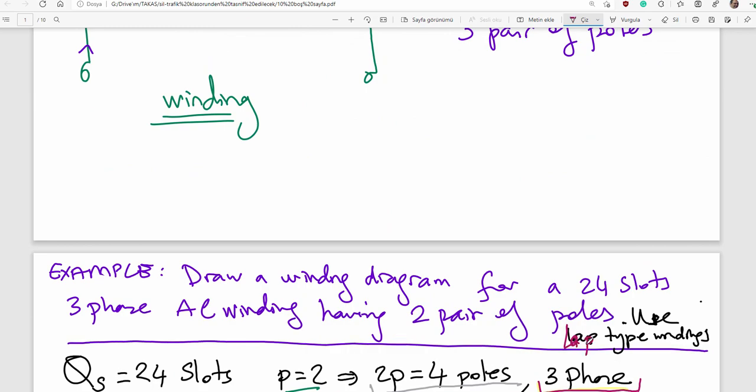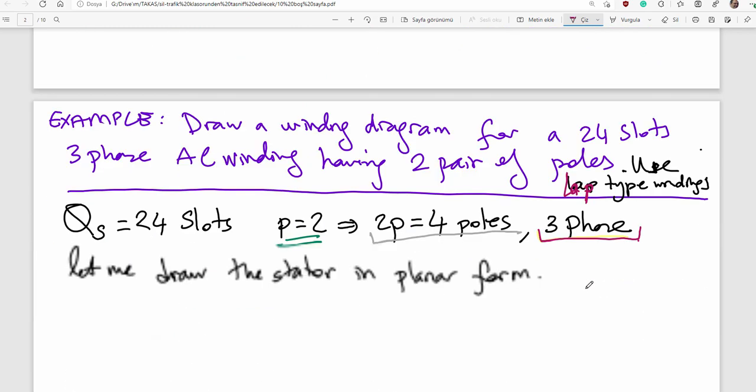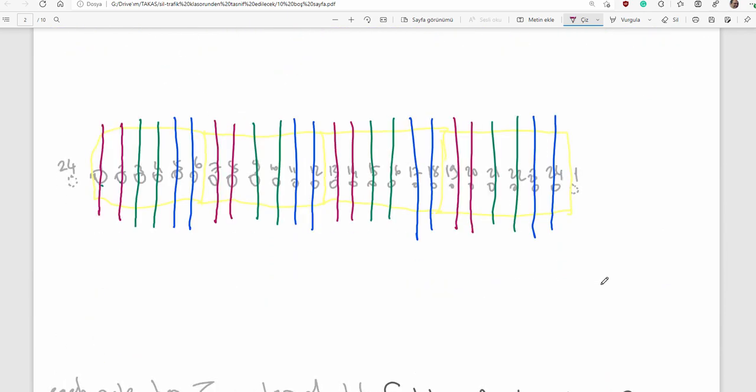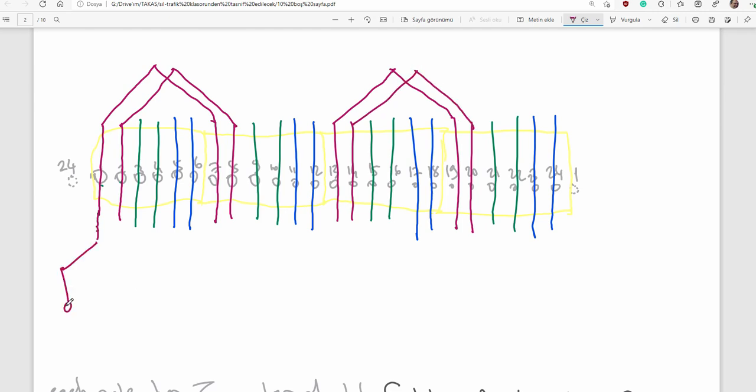Connect them as if they look like shingle or chain loops. Let me show you. From here to here, here to here, from here to here, and here to here. Let me say U, that is the first terminal, and that is the end of the coil.